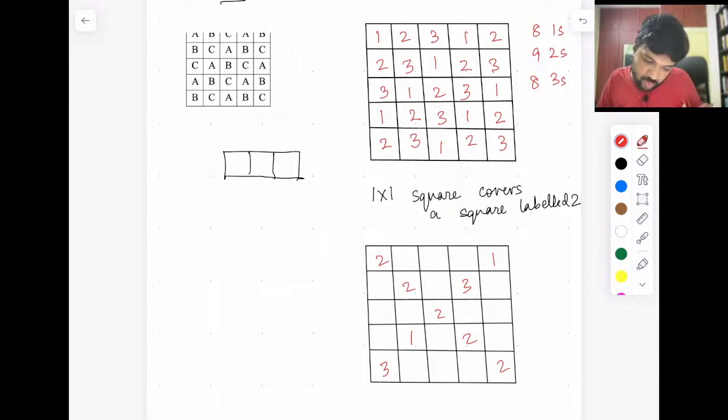So 2, 3, 1, 2, 3, right? And 1, 2, 3, 1, 2. That's correct, I think. And 2, 1, 3, 2, 1, 3, 2, 1, 3, 2. Does it work?